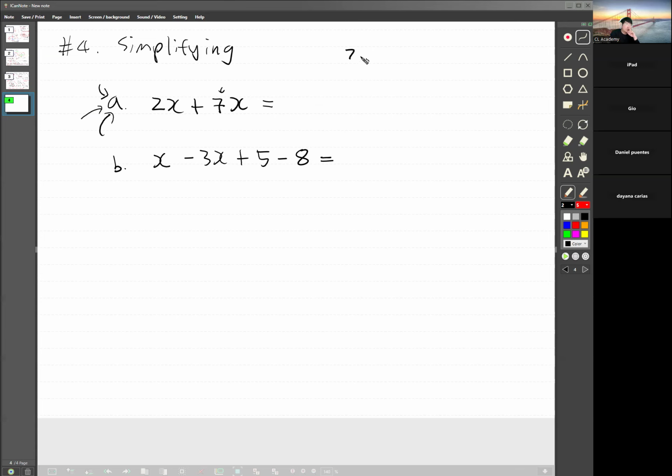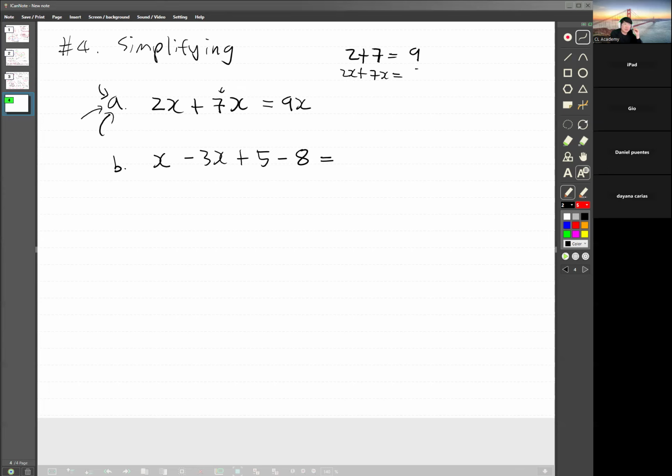Simply, what is 2 plus 7, guys? What is 2 plus 7? Yes. What is it? 2x plus 7x then? 2 plus 7 is 9. What is 2x plus 7x? Yes, 9x. That's it.